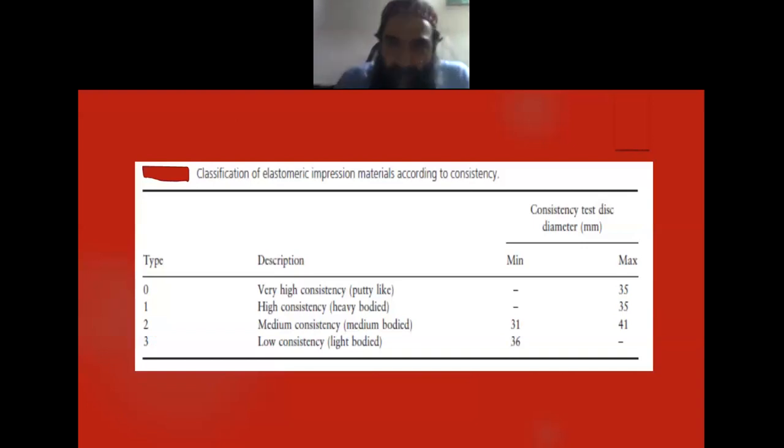So if we have a look, type 0 is very high consistency, which is also called putty like. Minimum no diameter, maximum is 35.